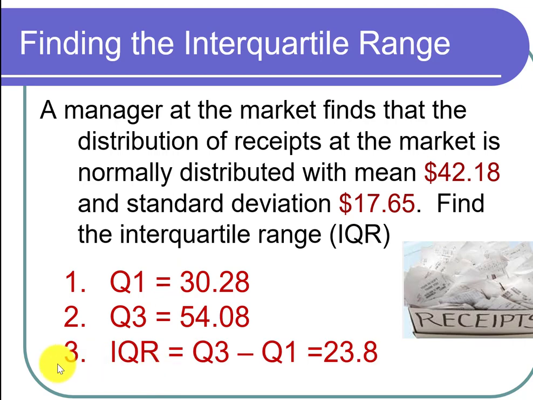So I just subtract, and I find that the interquartile range is 54.08 minus 30.28, and that, I calculated out, was equal to 23.8. So I can say that the interquartile range for the receipts at this market is 23.8 or $23.80.